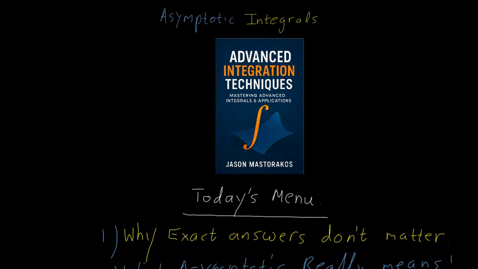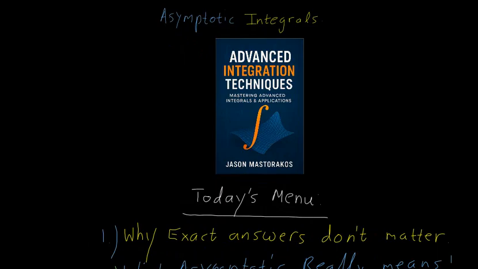But today we're going to talk about asymptotic integrals, pretty much the mathematical language of approximation. It's used everywhere in physics, engineering, and applied mathematics. There are three areas where this is extremely important.